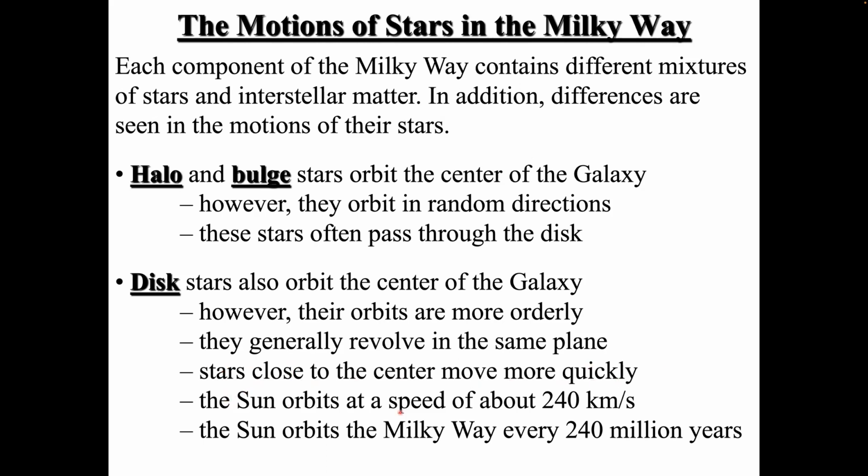And the sun orbits at a speed of 240 kilometers per second, right? The sun orbits the Milky Way every 240 million years. You can see that every 1 second we are moving 240 kilometers in the Milky Way. We don't feel it, but this is what happens.